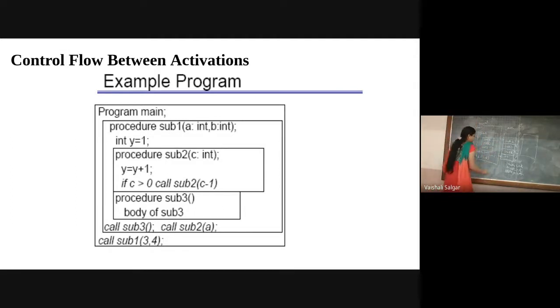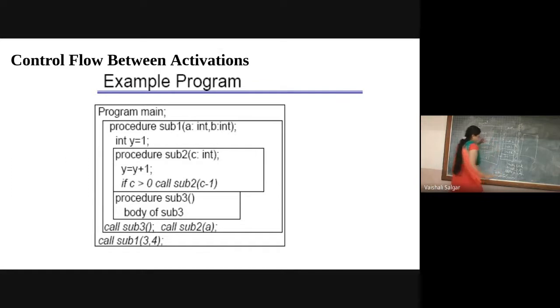So now at the same time, there is a concept of control link. Now see, just listen carefully. My control link, or it is also referred to as dynamic link or dynamic pointer, in books it is used interchangeably.